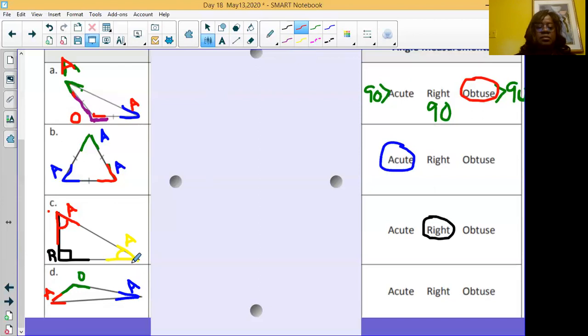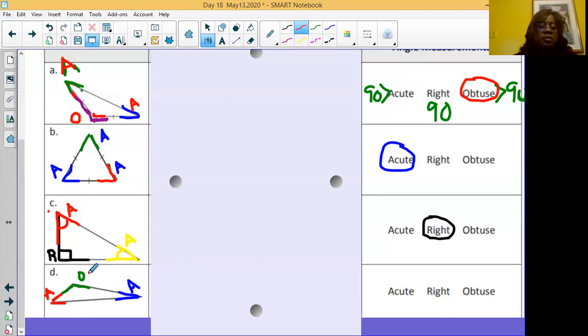Okay. So now I know that I have two acute angles. And again, acute is less than 90 degrees. And I have one obtuse, meaning it is greater than 90 degrees. So now is 90 more than or less than 90? Absolutely.